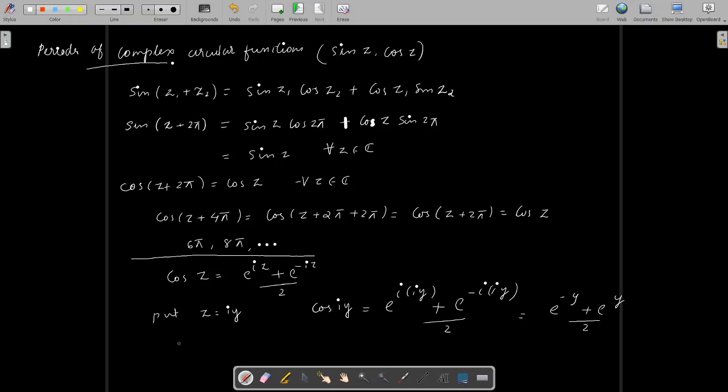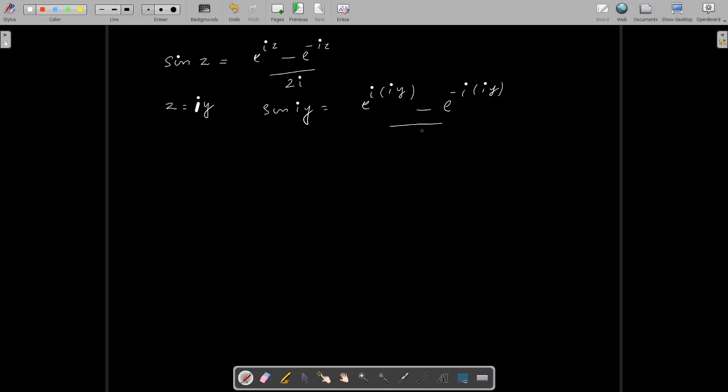Similarly, if you replace z by iy in sin z, you can get another interesting expression. We know that sin z is e raised to iz minus e raised to minus iz, whole divided by 2i. If you replace z by iy, you get sin iy equal to e raised to i times iy minus e raised to minus i times iy, whole divided by 2i.